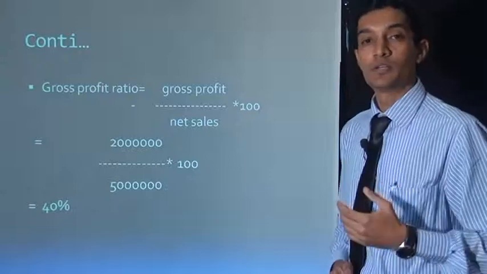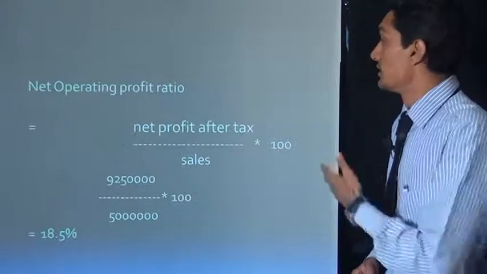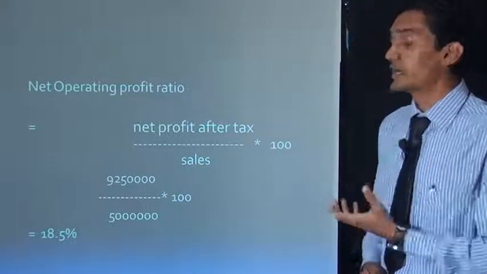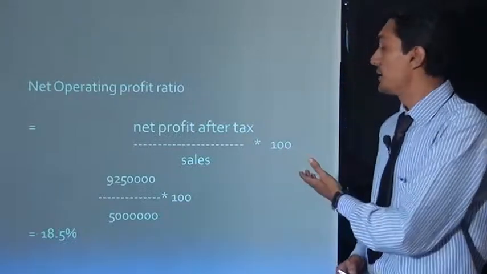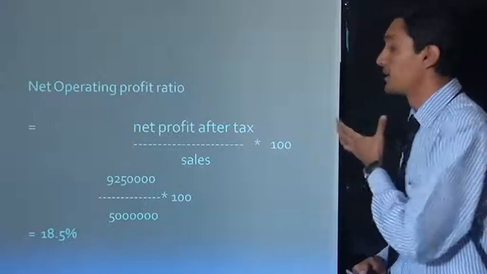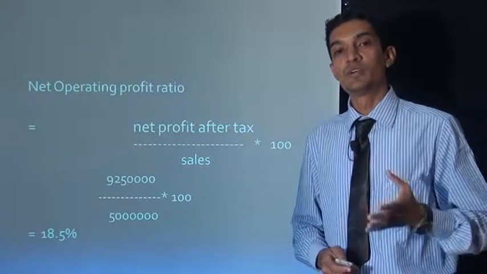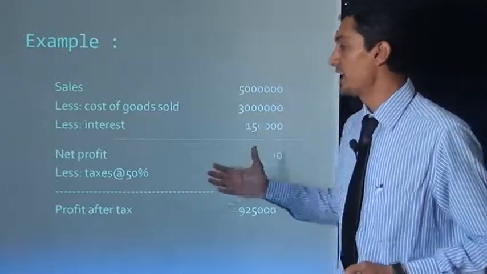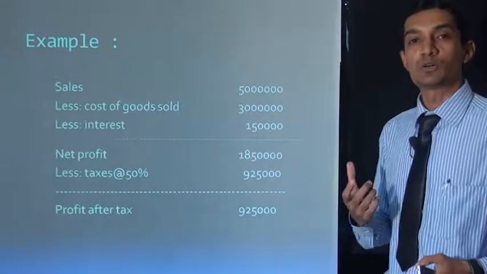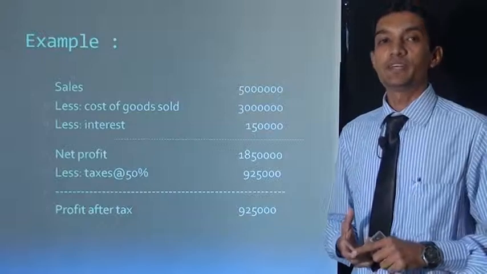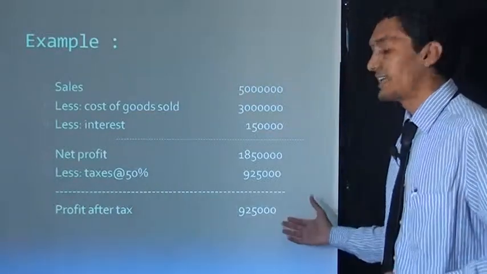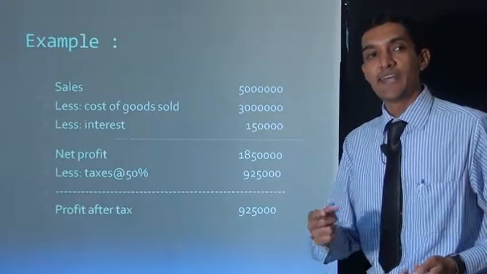Next, we calculate the net operating profit. How is net operating profit calculated? Net profit after tax divided by sales, multiplied by 100. First of all, we go from the digits. The net profit is 18,50,000 rupees, but we take the profit after tax, which is 9,25,000.